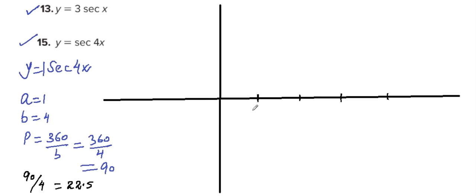So this is 22.5, this is 45, this is 67.5, and this is 90 degree. If you want to take one more point, you can take. And amplitude is given as 1, so 1 is the height.